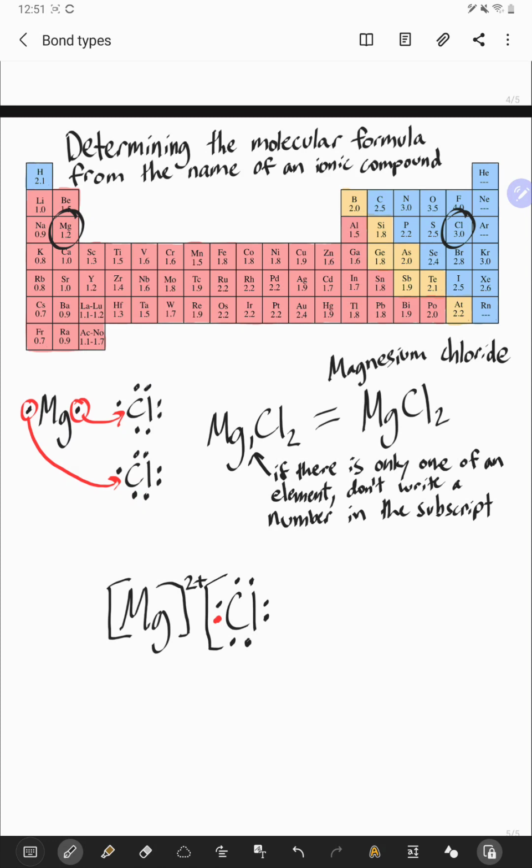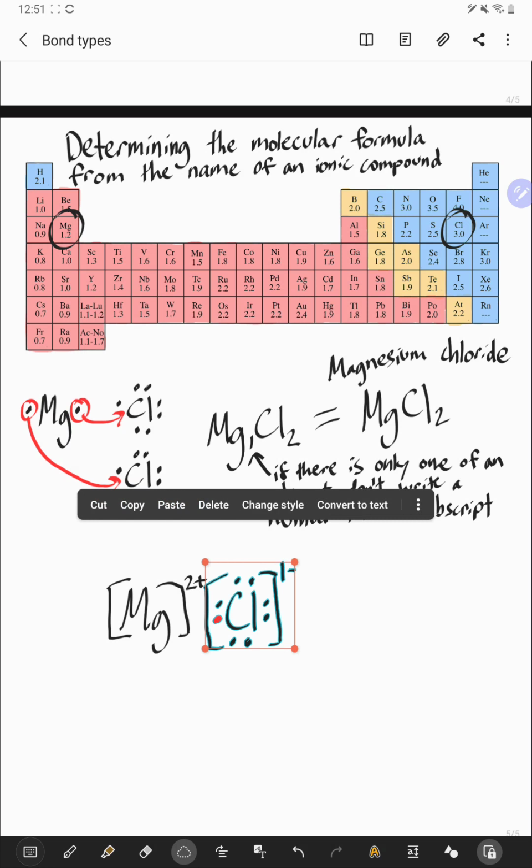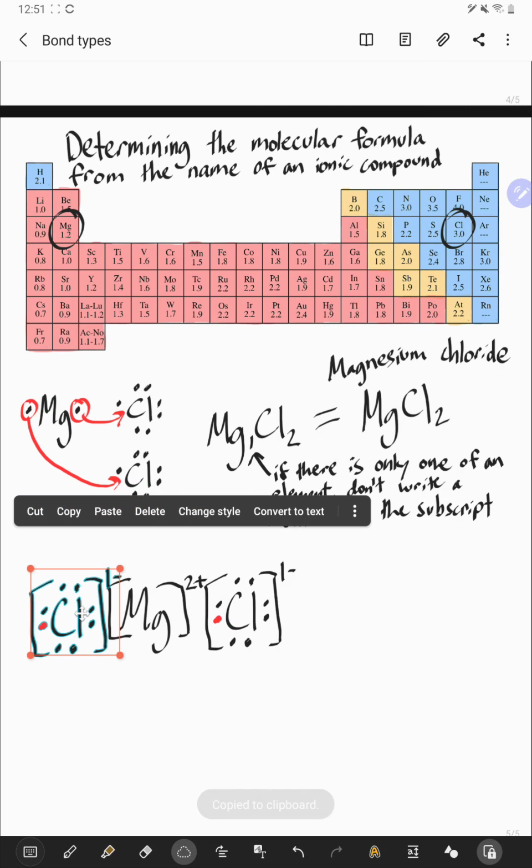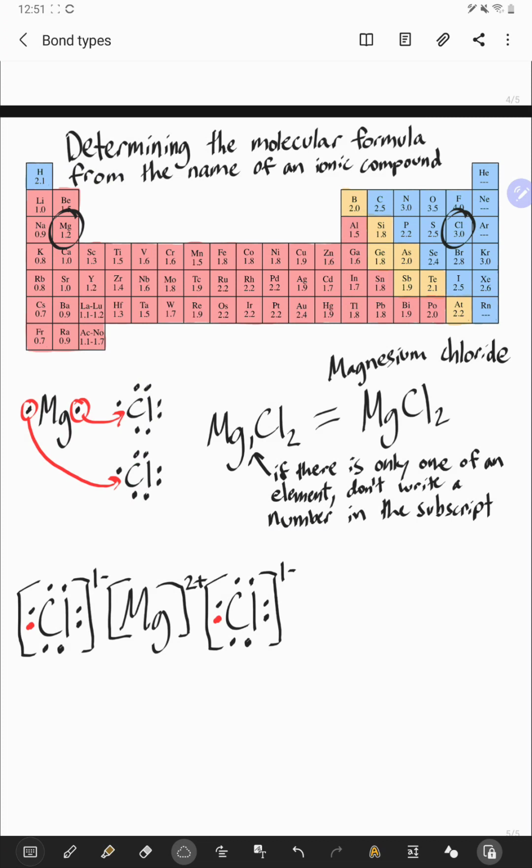So we're going to draw this as chlorine with 1 extra electron, and when you gain an electron, you gain a negative charge, so there's a -1 charge. And then on the other side of the magnesium, I'm just going to redraw the chlorine. So I'm just going to copy and paste it actually. And then boom, that's how we're going to draw the Lewis structure for ionic compounds.